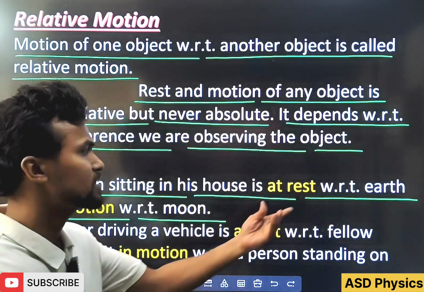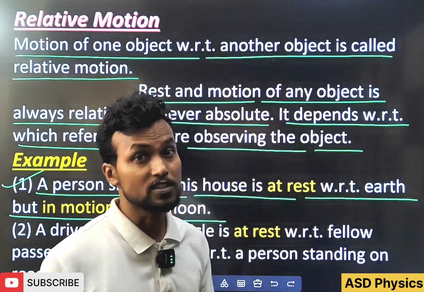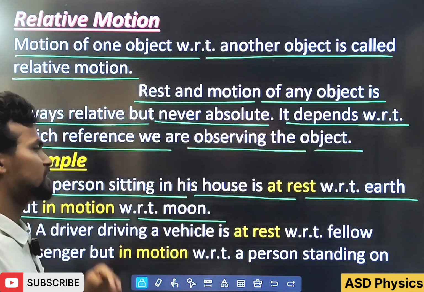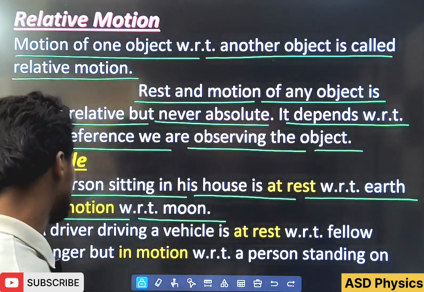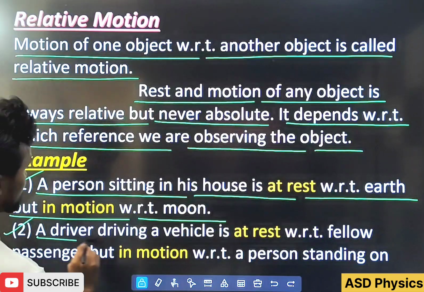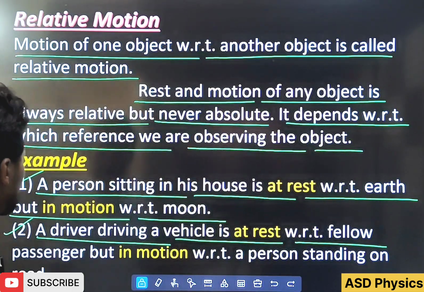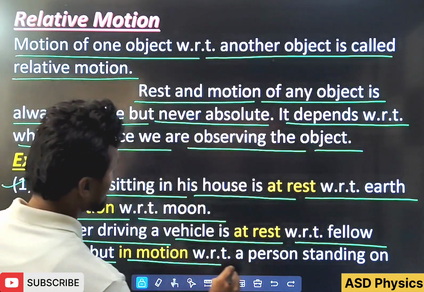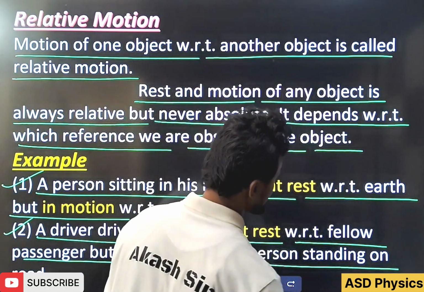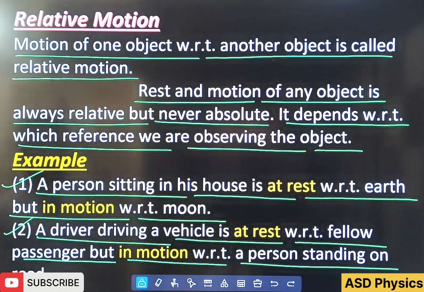Because when the reference is the earth, it is a rest situation, but when the reference changes to the moon, the same person comes into a motion situation. Let's see the second one: a driver driving a vehicle is at rest with respect to a fellow passenger but in motion with respect to a person standing on a road. Okay, so remember this basics.